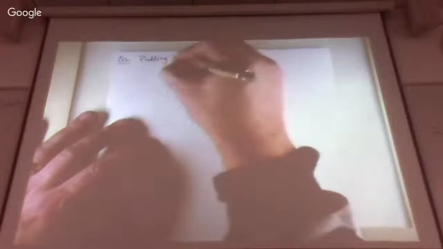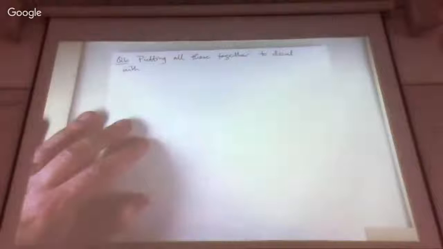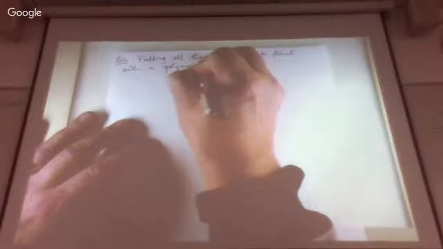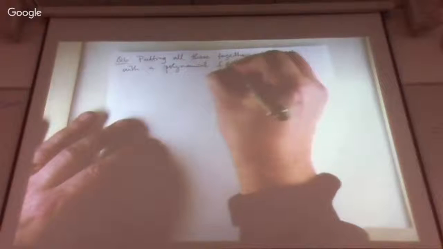So the final thing to deal with is the polynomials themselves. So putting all these together, you deal with a polynomial f. Well, let's give notation to all the bits of f.